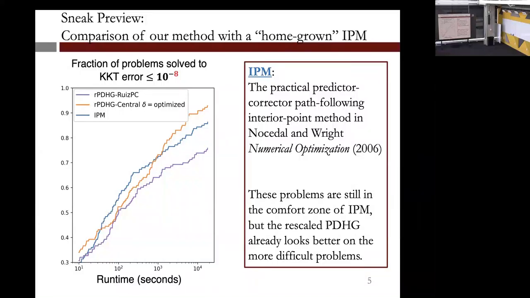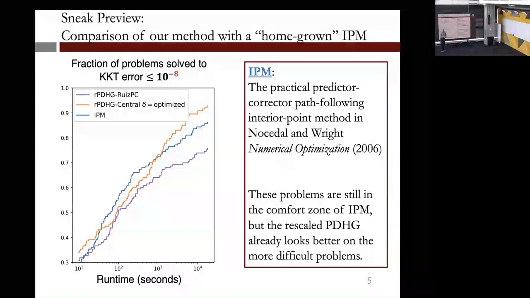And now we're trying to solve problems to an error of 10 to the minus eighth, which is a very, very good tolerance for solving LP problems. This plot shows, with a runtime of 1,000 seconds, what fraction of these problems can be solved. So you want your curve to be higher rather than lower.